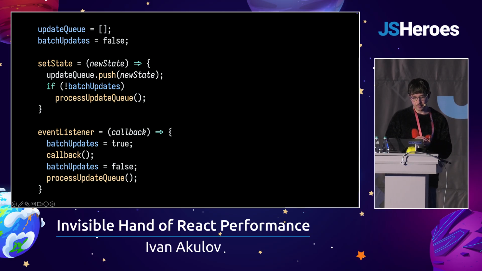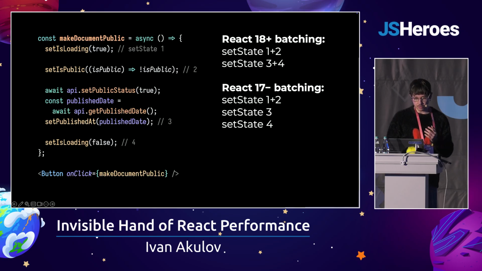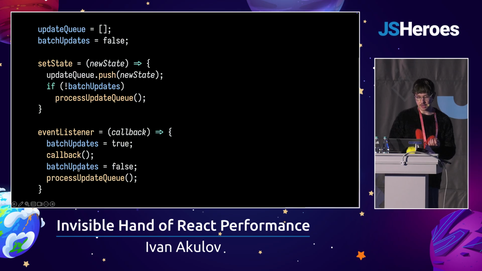And that's why when you have this code in React 17 and below, only the first 2 setState calls are batched, because the first 2 setState calls are inside an event listener, which follows this line of code.